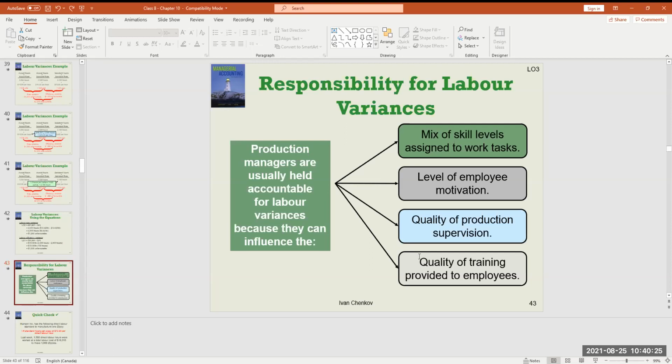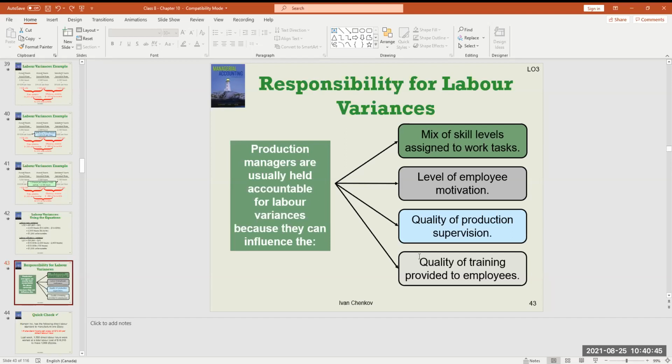Also, the production manager deals with the quality of production supervision, and with the training and retraining of the employees.